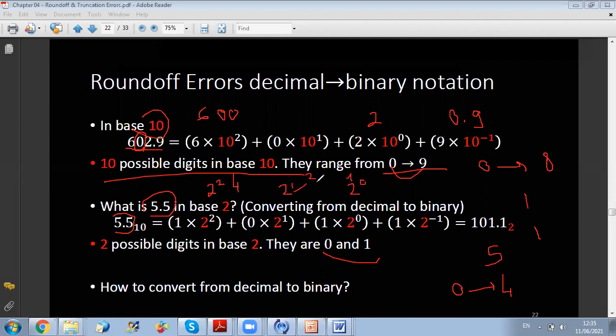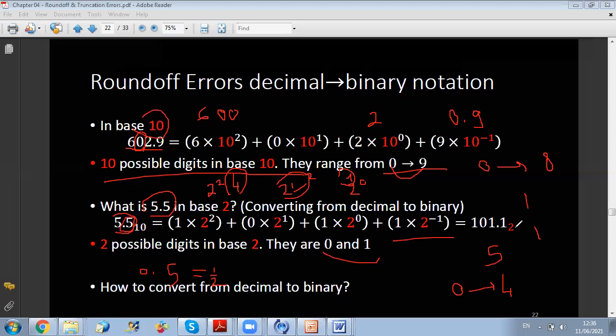So you can easily see that 5 is simply 4 plus 1, which is 1 times 2 square, plus 0 times 2 power 1, plus 1 times 2 power 0. Plus I still have 0.5. 0.5 is just 1 over 2, so it's plus 1 times 2 minus 1, and I get it.